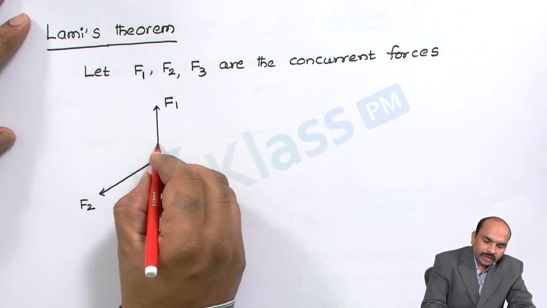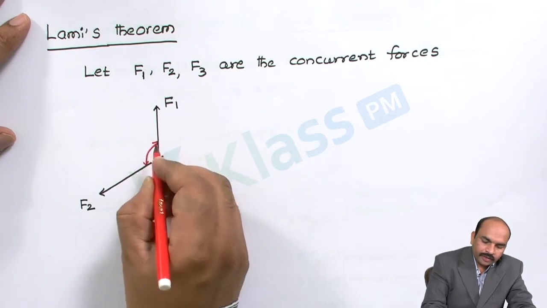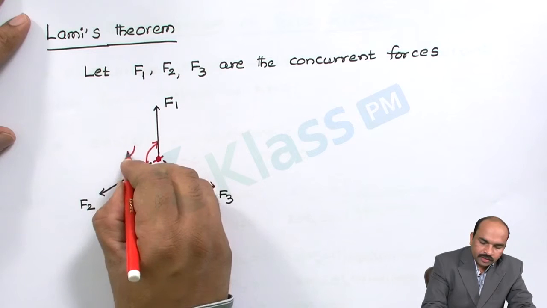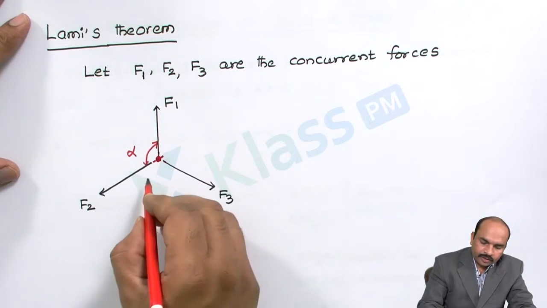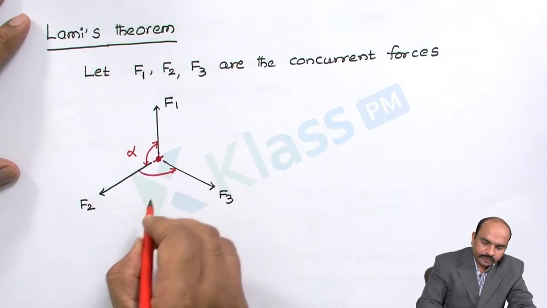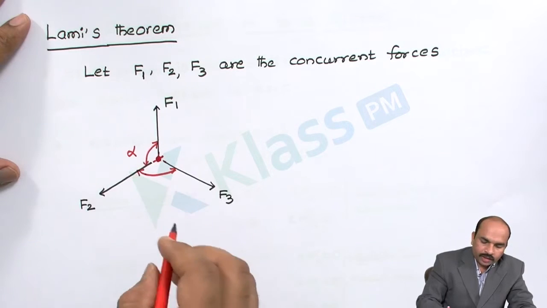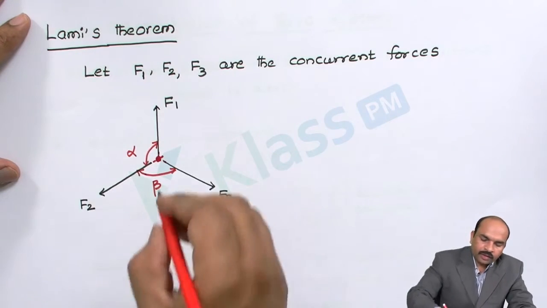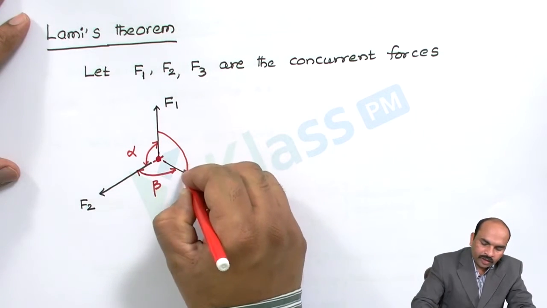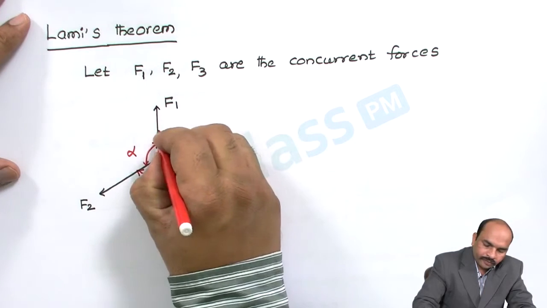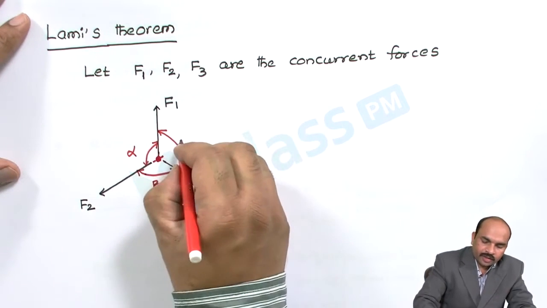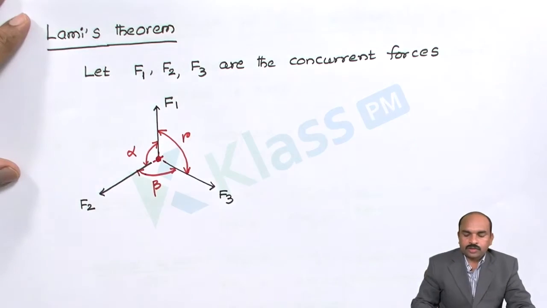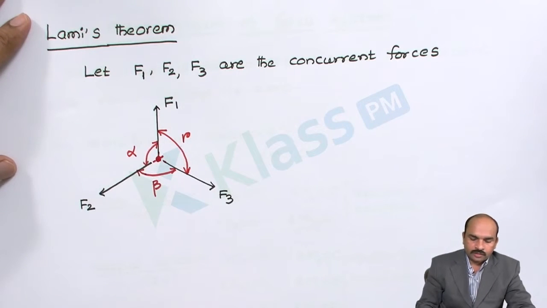Now let's take the angle between F1 and F2 as alpha, the angle between F2 and F3 as beta, and the angle between F1 and F3 as gamma. So alpha, beta, gamma are the angles between forces as shown in the diagram.